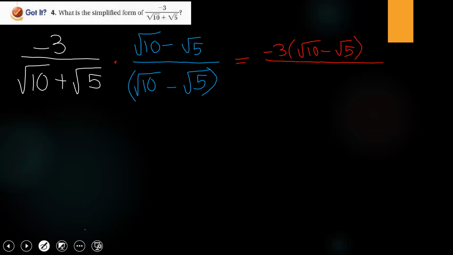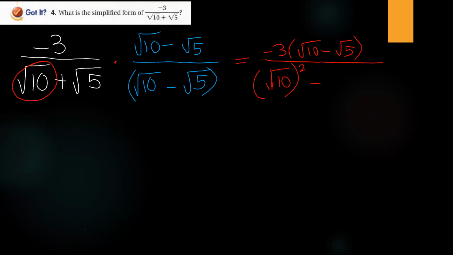We multiply the numerator, and in the denominator we have to multiply the first square root minus the second square root, and I square it here.